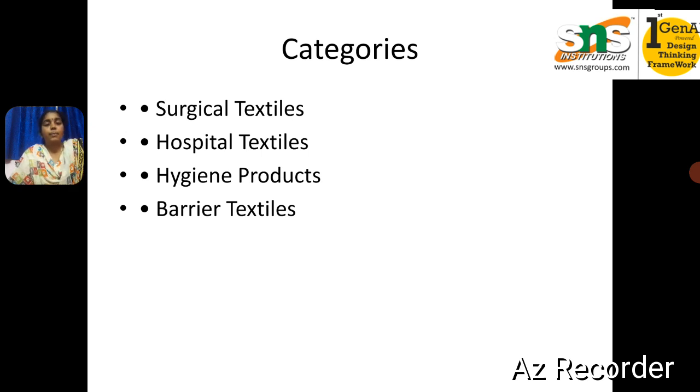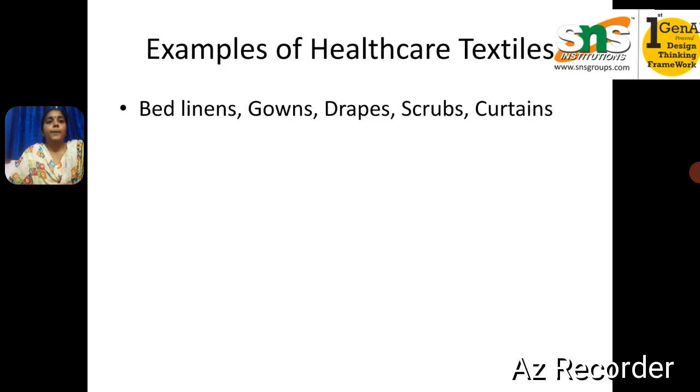Next one is hygiene products, that is, disposable ones. Whatever the patients use in their surroundings comes under hygiene products. And barrier textiles: if you are traveling between places in a hospital, they use some structures which are covered with textile material, but it should be a barrier textile.